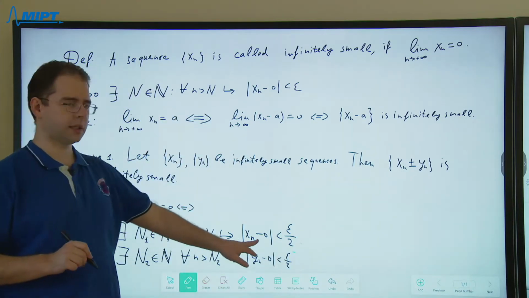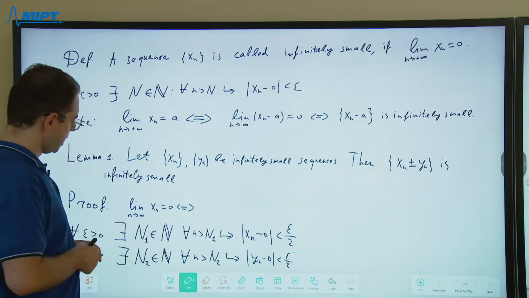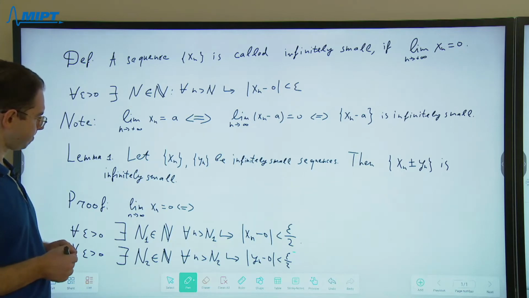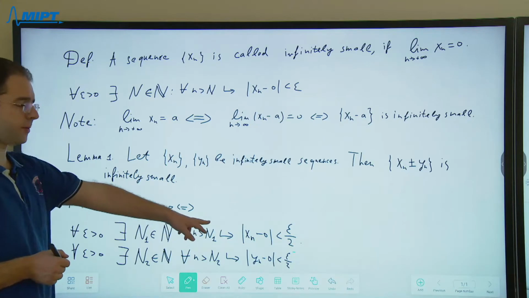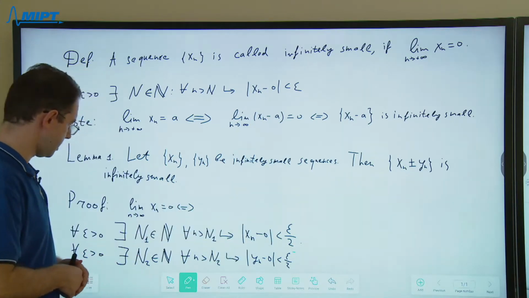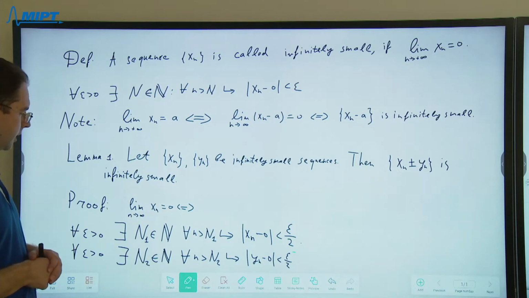I of course write here minus 0 just for the sake of strictly following the definition. This of course means just xn and yn.